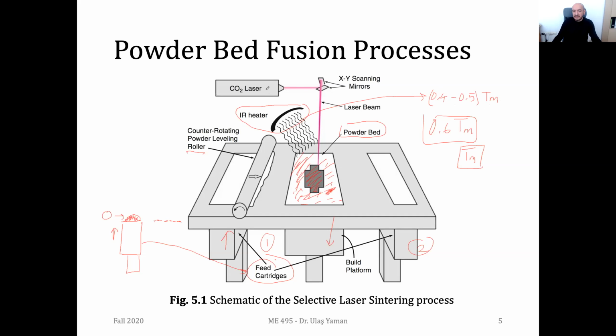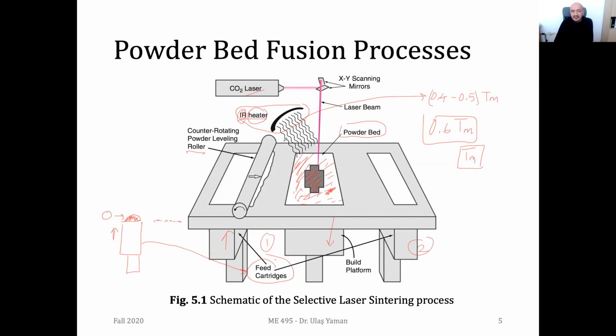So the full control will be on the laser, but you don't need to use a high power laser. This is the advantage of using a specific IR heater here, or the type is not important, but you need a heater here, which will decrease the laser power requirement.